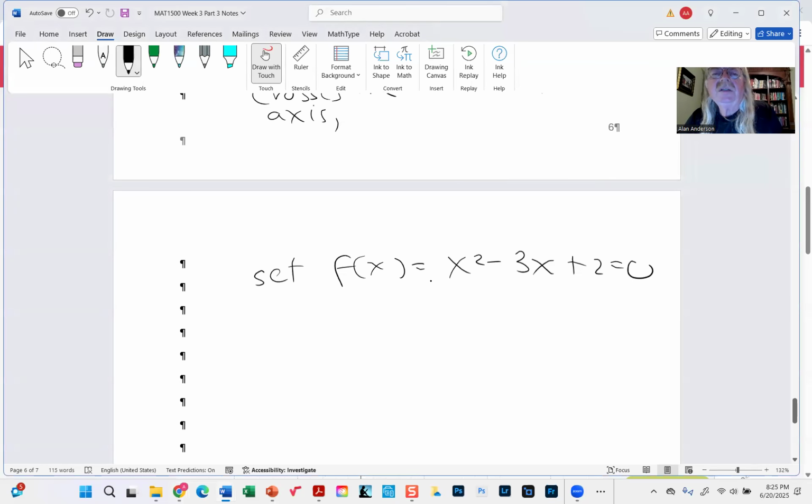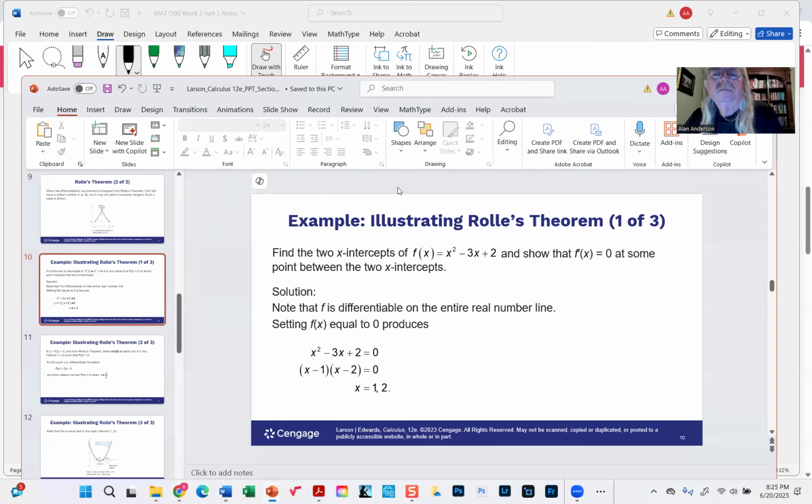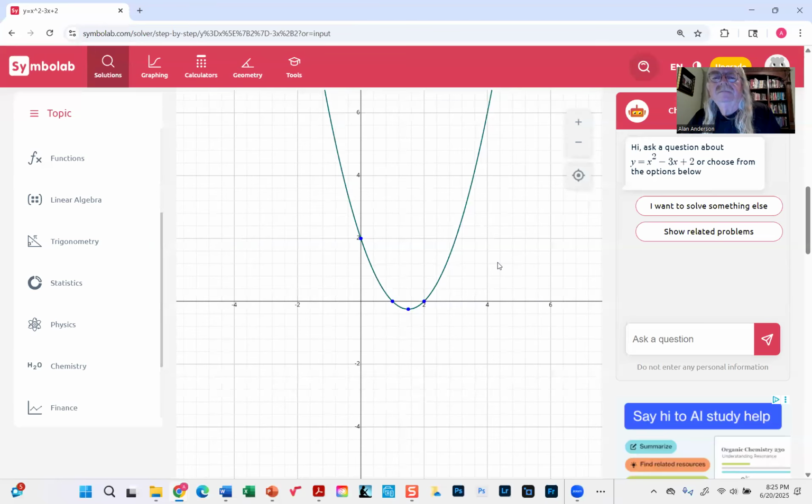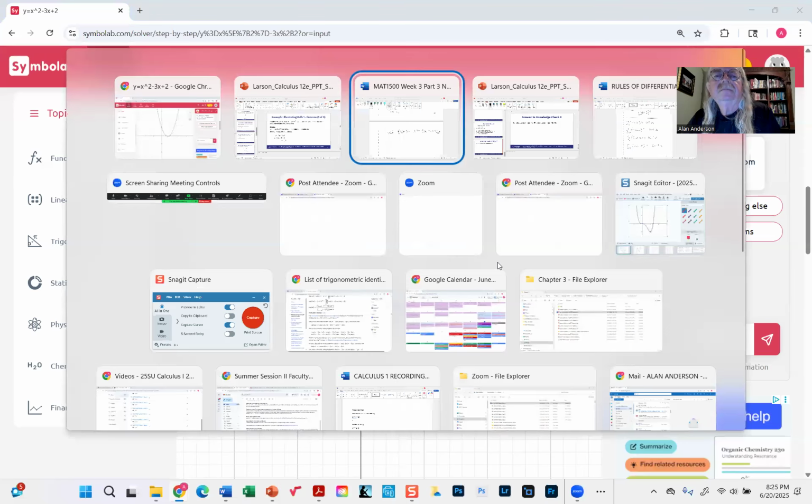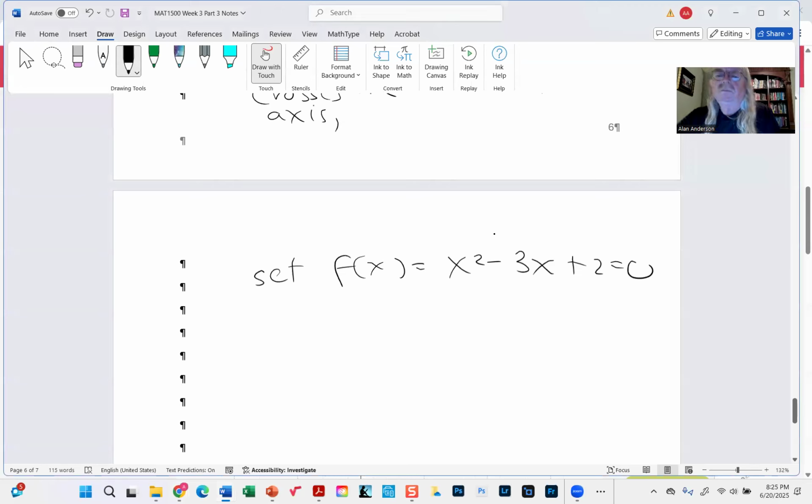So let's find them. x squared minus 3x plus 2 equals 0. We could use either the quadratic formula or we could simply factor this.